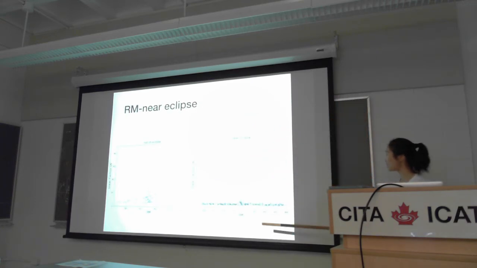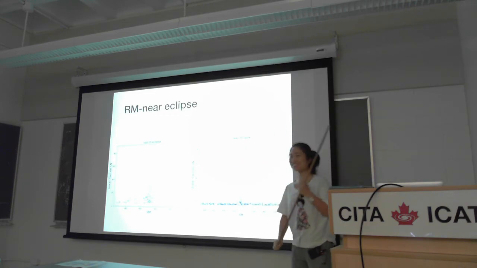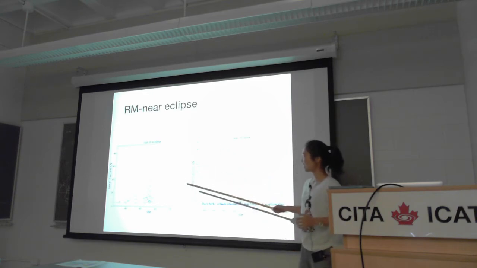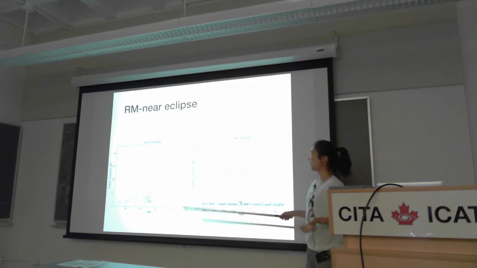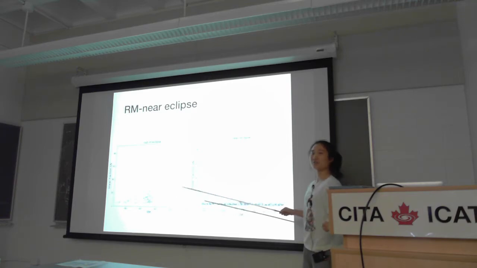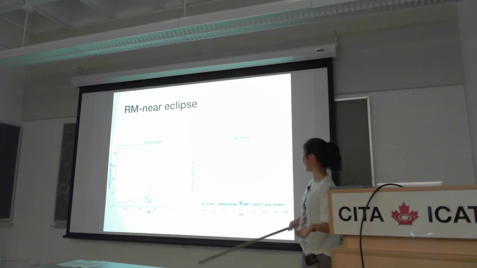And I did that also for giant pulses near eclipse. But unfortunately, I didn't find very good examples in this case. That is not very surprising because we only have one observation near the eclipse. It should be substantially improved if we have more observations.